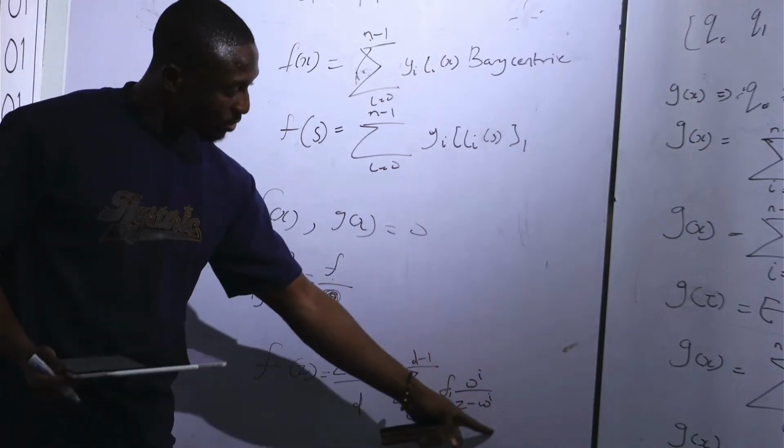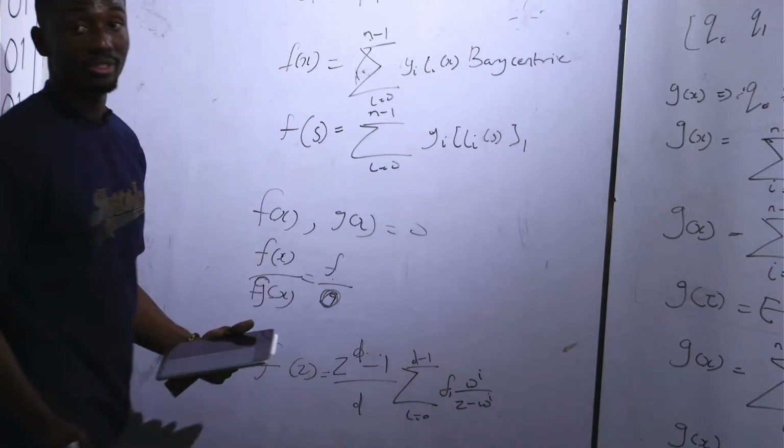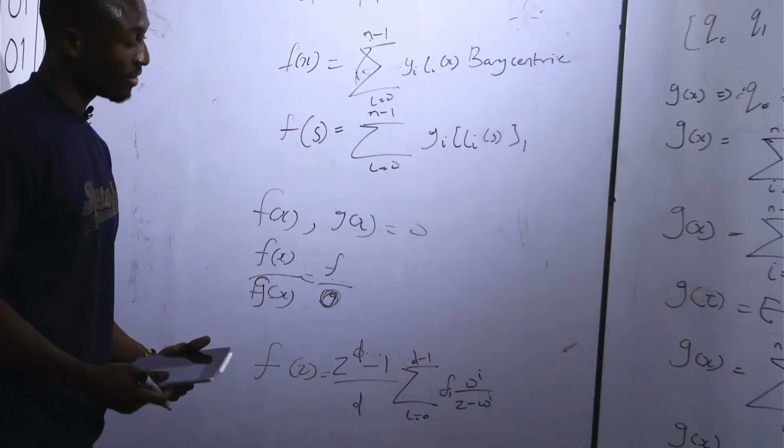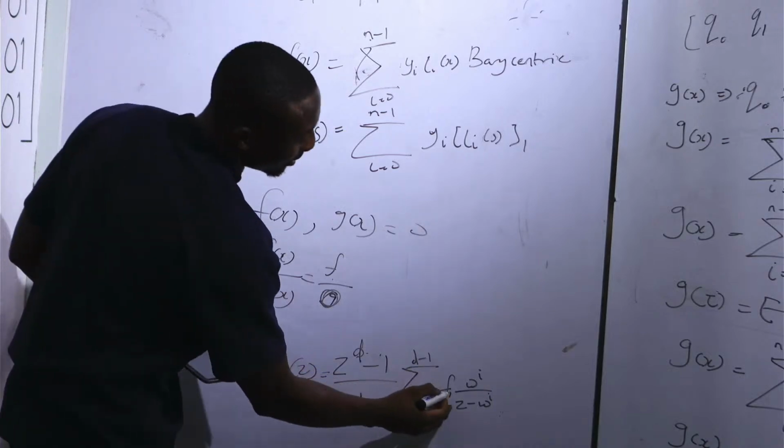So this is how we evaluate it. This f of i is the evaluation of that polynomial at i, in evaluation form.